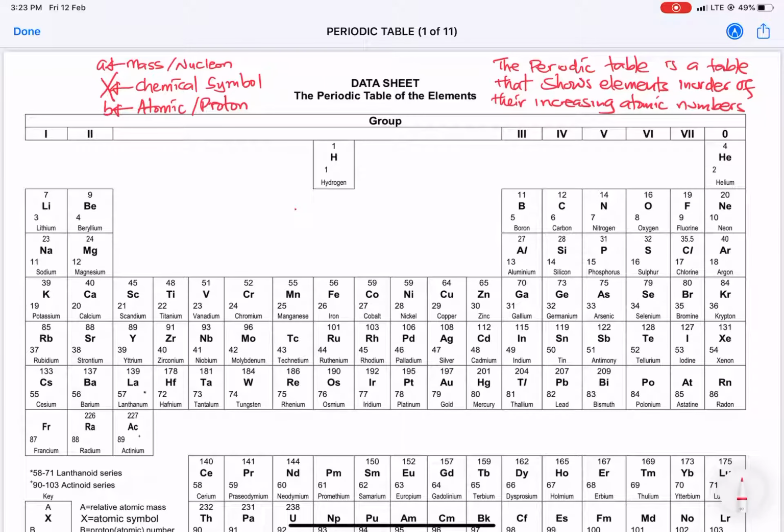So what we are saying is that on the periodic table, this number here, the number down, they are shown in their order. Okay, observe with me.